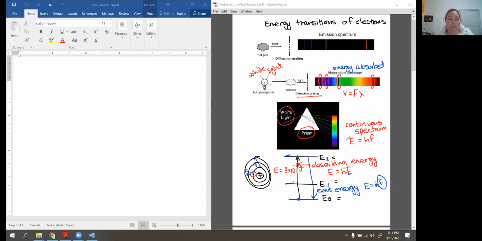And this particular pattern is actually like a fingerprint for every different element. Different elements have different electrons, which have different energy levels and therefore can only make certain transitions. So when we look at an emission or absorption spectrum, it allows us to know which elements we're looking at. These are almost like fingerprints for different elements.